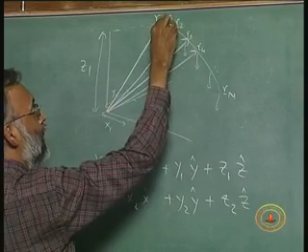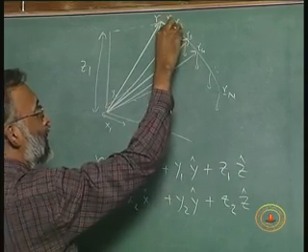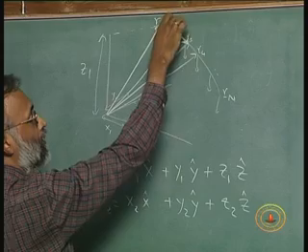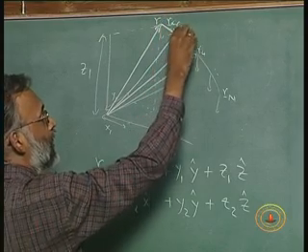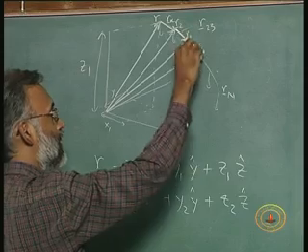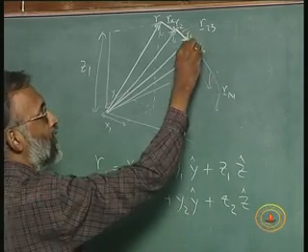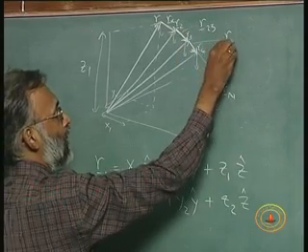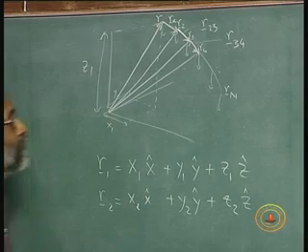I will call that R12, and this vector which is the distance between R2 and R3 I will call R23. Distance between R3 and R4 I call R34.